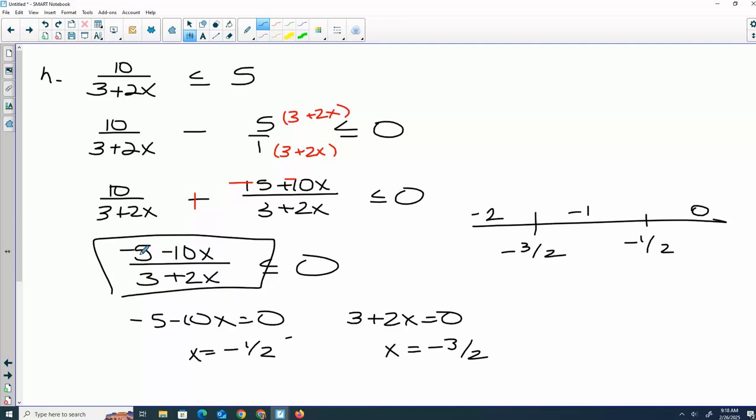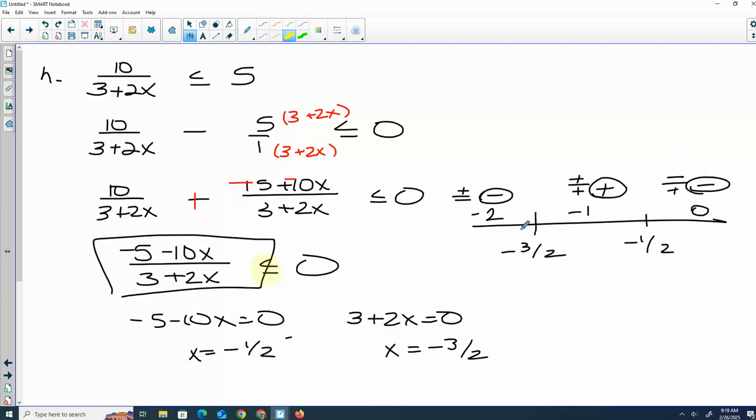So I put in a negative 2, I get negative 5 plus 20, so that's positive. 3 minus 4 is negative, so that section is negative. I put in a negative 1, negative 5 plus 10 is positive. 3 minus 2 is positive, so that section is positive. If I put in a 0, negative 5 minus 0 is negative, 3 plus 0 is positive, so that is negative.